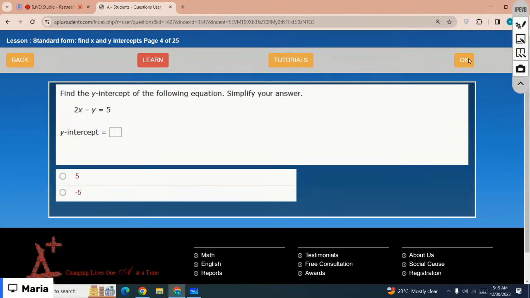Find the y-intercept of the following equation. The equation is 2x minus y equals 5. So which is the correct option?